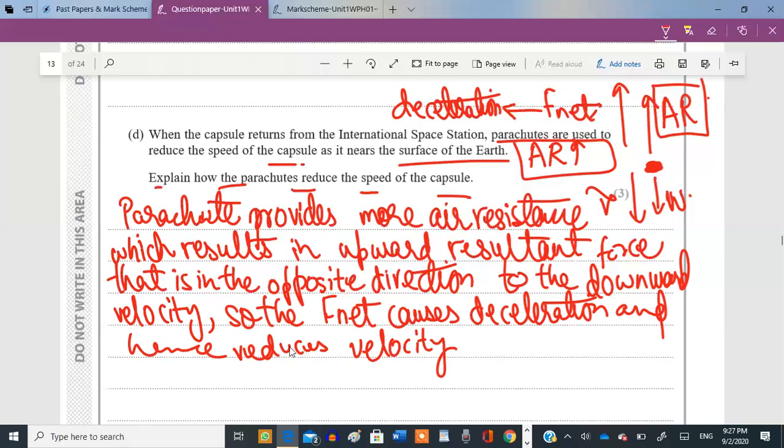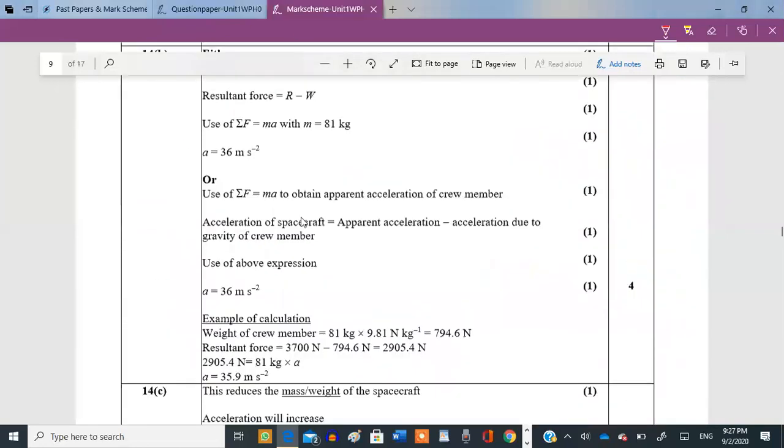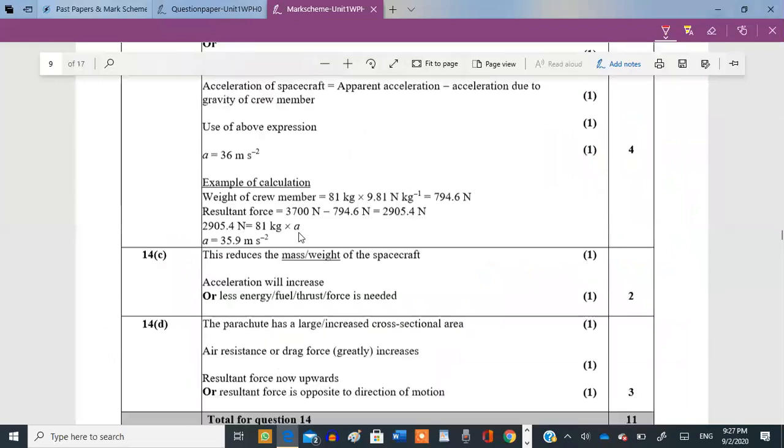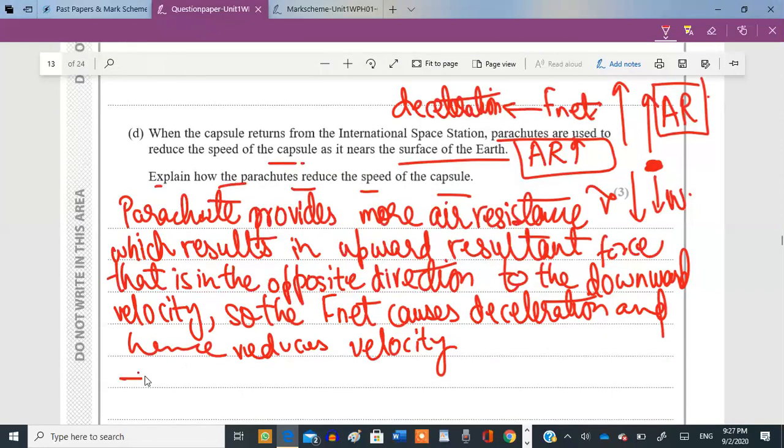There's an additional point written in the marking scheme as well. It says that the cross-sectional area is greater, large cross-sectional area. This was in my mind, okay, so you should have told me. A cross-sectional area is greater. This point had a mark. Without this point, we would have gotten only 2 marks.